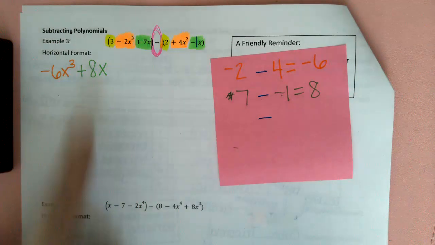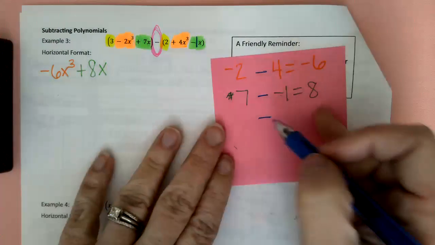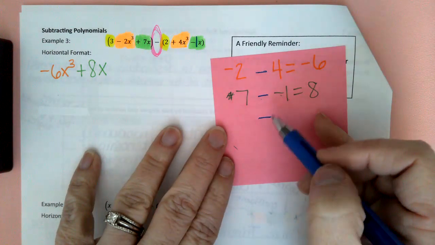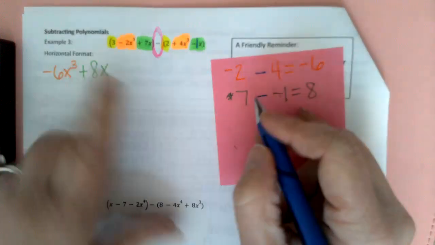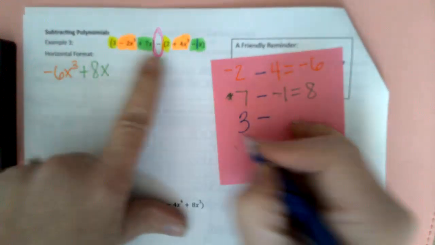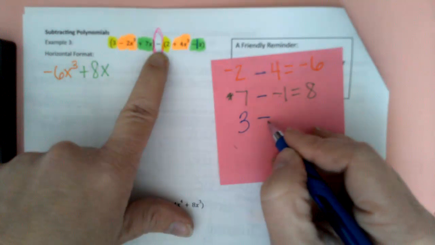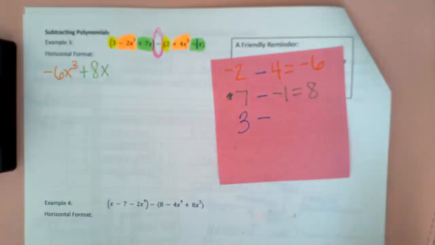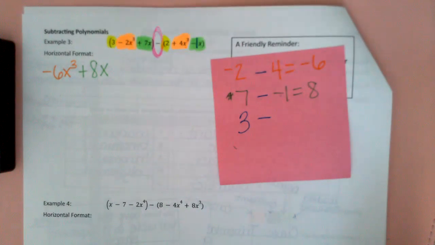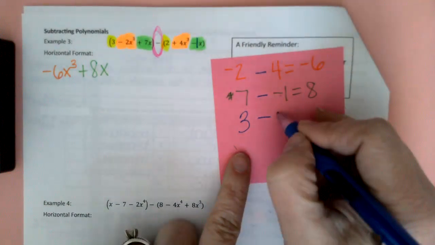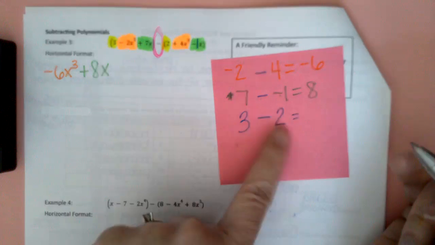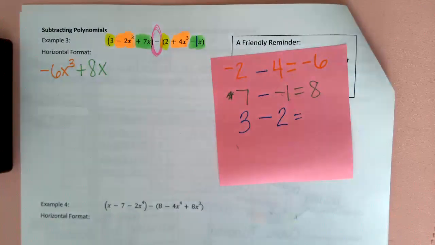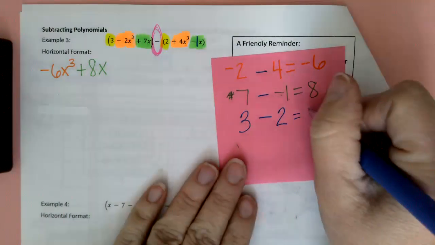Now my last thing is yellow, and on this pink little piece of paper, I can't use a yellow color, but because you can't see it, my first number is 3. My minus sign is in the middle, and then the other constant that's also yellow, focus, is a 2. So type that in Desmos. 3 minus 2 gives you 1.